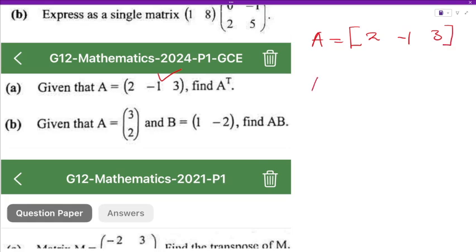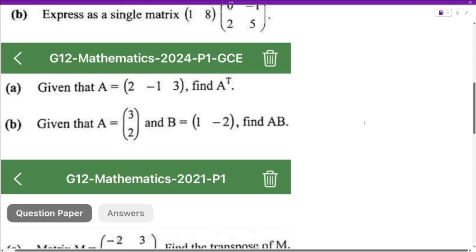We're now asked to find the transpose. So remember we said the row becomes a column. The row is 2, -1, 3, so meaning it's going to become our column like that. 2, -1 and a 3 down there. That means that is your transpose, and you have earned yourself that 1 mark.